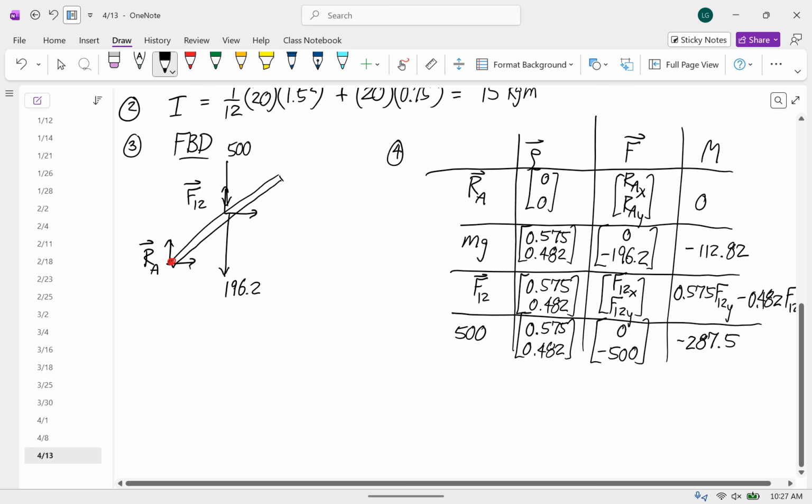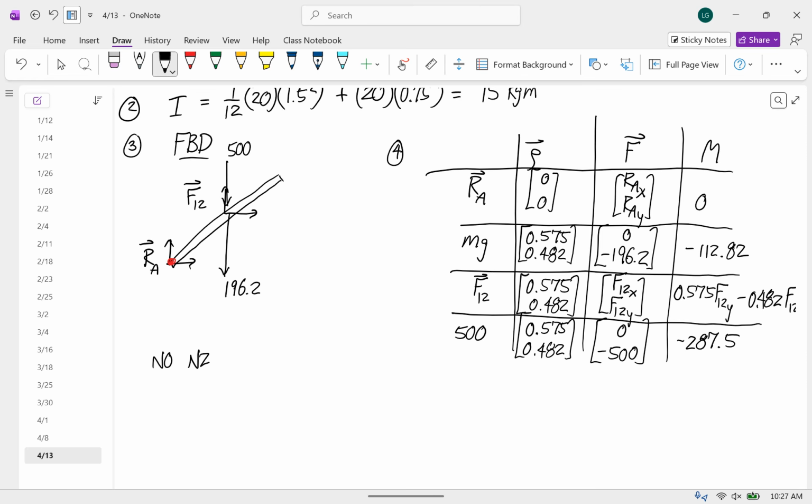This has a fixed point, so we don't need Newton's second law. And so we go straight to rotational Newton's second law.